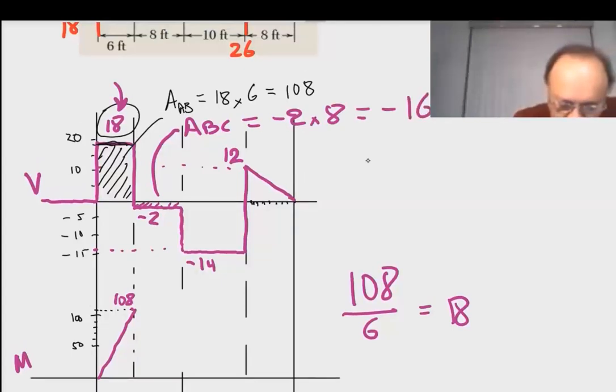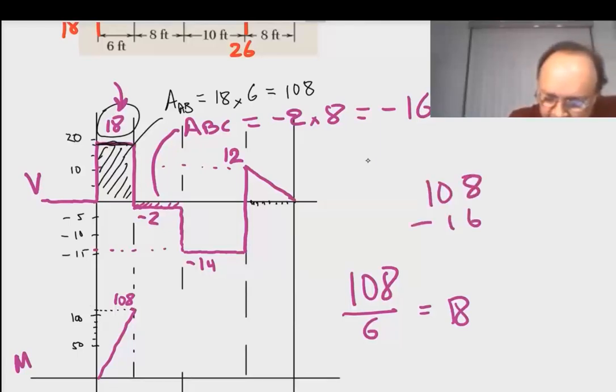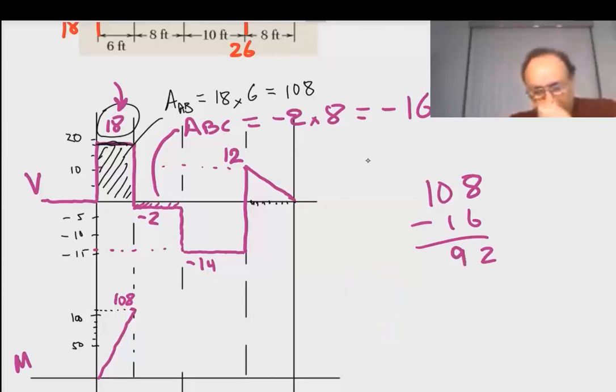That means that from 108, I have to go down 16. 108 minus 16 is 92. So I should get to a point, this is 90, 92 will be like over here, something like this. It goes down to a point with a coordinate of 92.